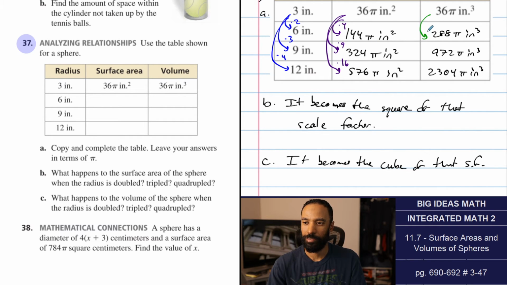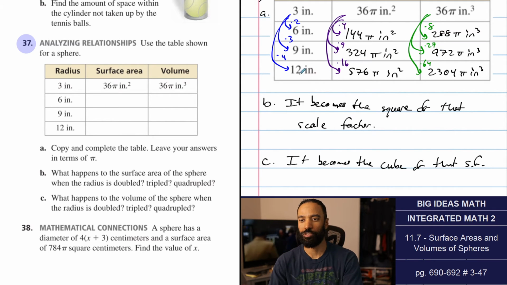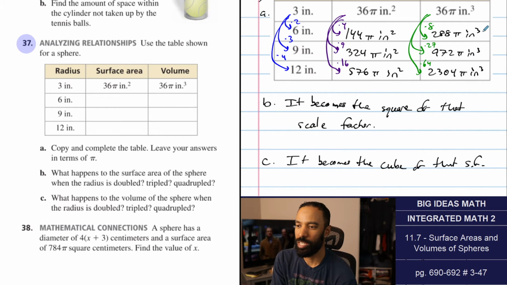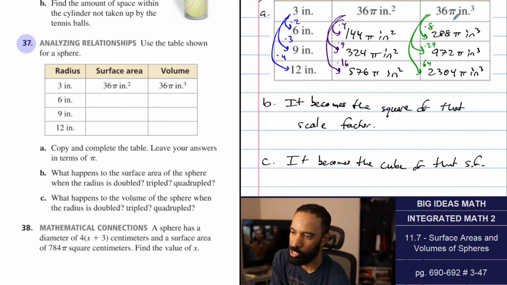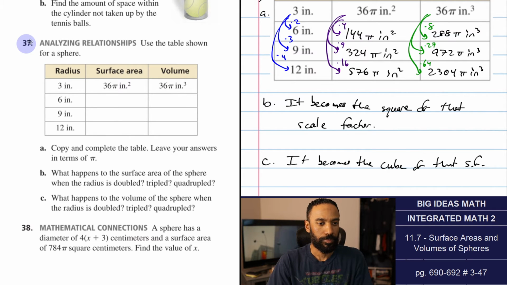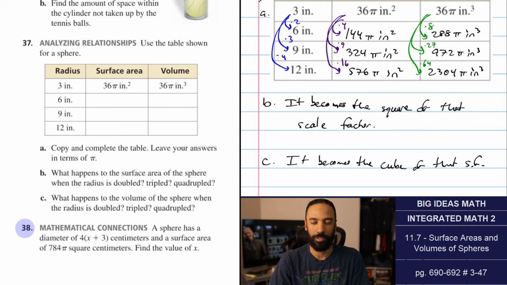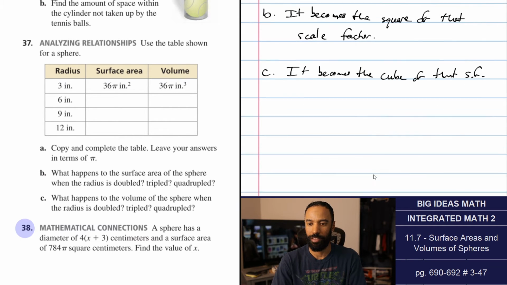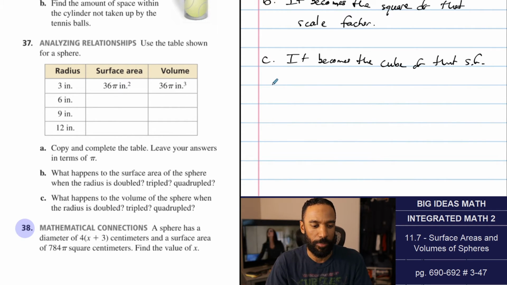And here we have times 8, times 27, and times 64. That's 4 cubed. 36 times 64 is 2304, and the pi still remains within there. Okay, number 38. Still 10 questions to go. It actually is taking up some time here. We'll see if we finish within the 2-hour mark.